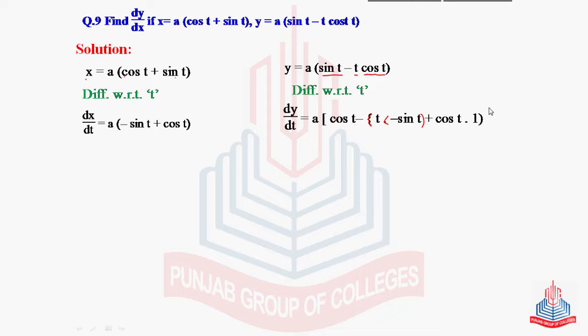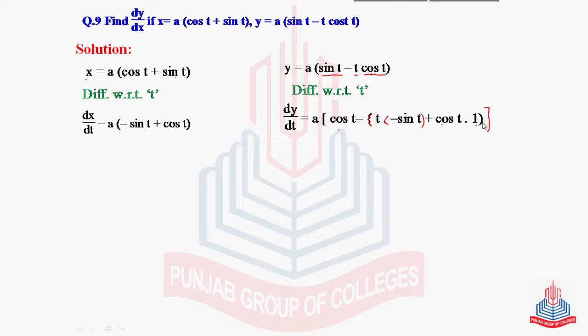This is the differentiation of the whole function, which consists of a product of two functions. This minus will be as it is.